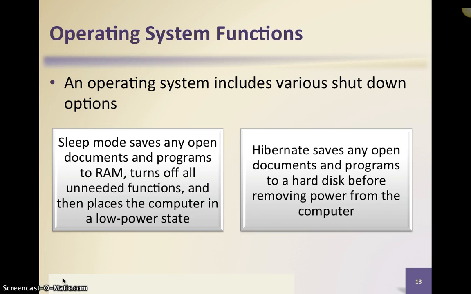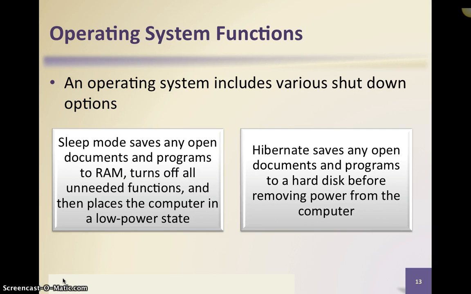Sleep mode is different from hibernate in that a little bit of power still continues to go to the system, so that when you open it back up, your stuff is all there. It doesn't save everything and put it in a down state. It just continues to get electricity in there and keeps it slightly powered up.